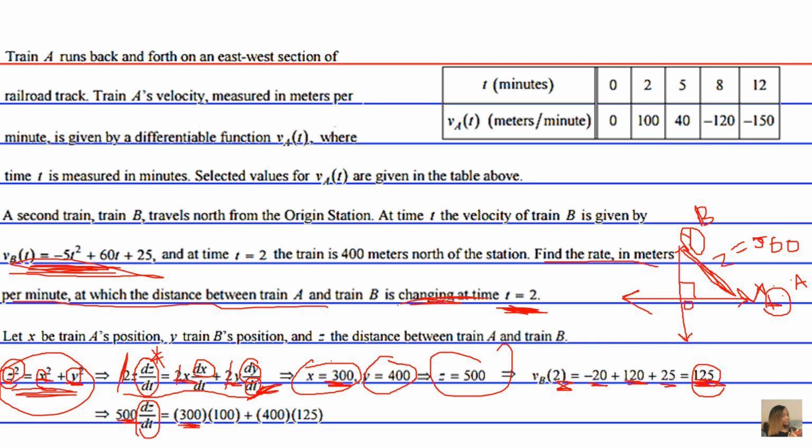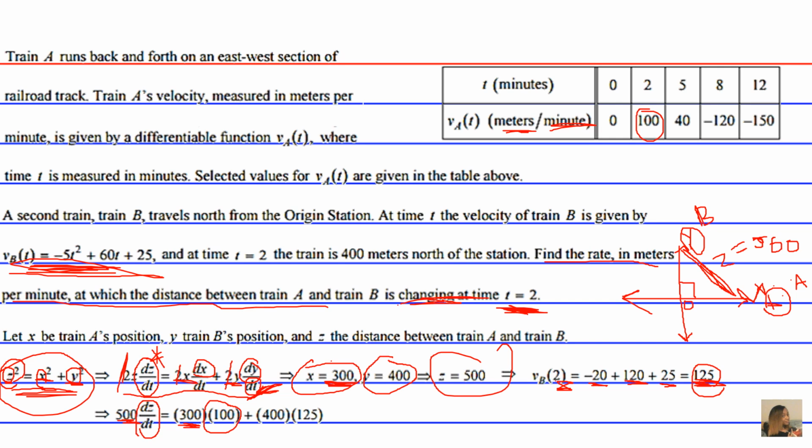What we're trying to figure out is dz/dt, so that's going to remain a mystery for a little bit. But we know our x, because a previous set of flashcards presented a problem where you were told that x, the distance at t equals 2 minutes, is 300 meters, times 100 meters per minute, because our dx/dt at 2 is 100.